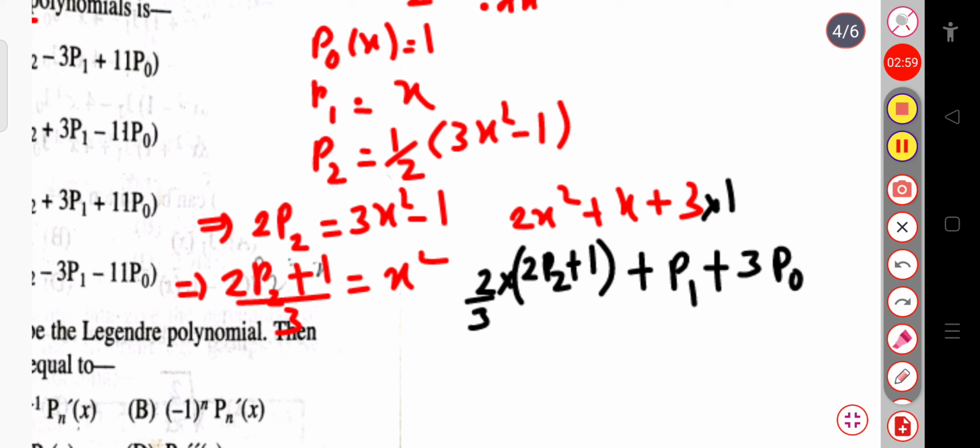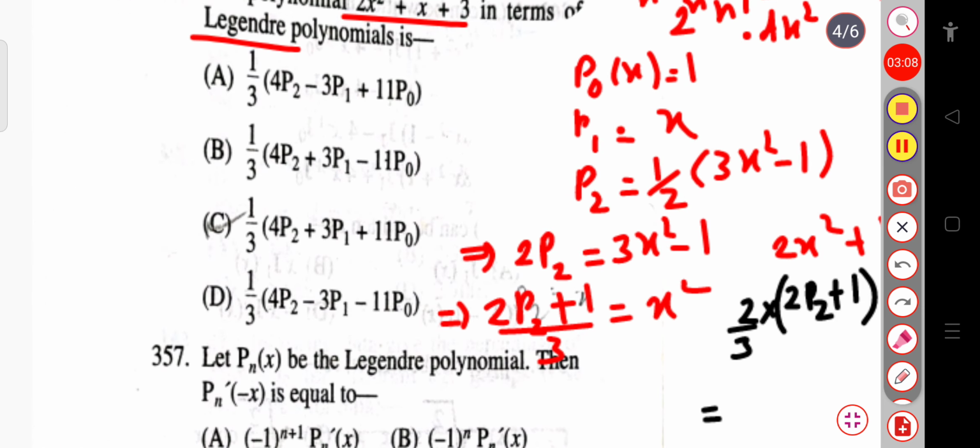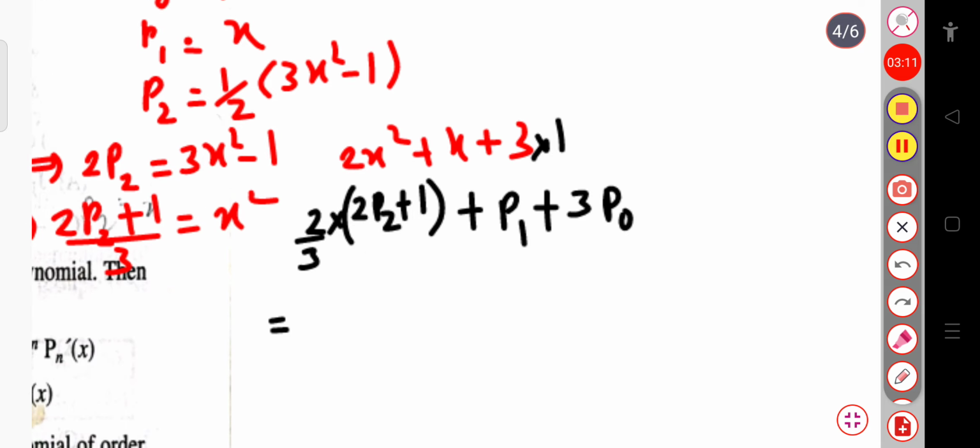If I solve this expression, I take 1 by 3 common, because in all these terms 1 by 3 is common.